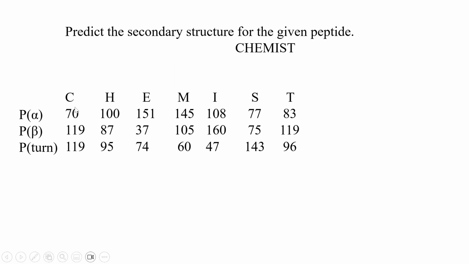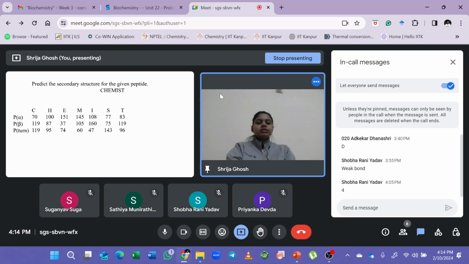If I see the values here for 6 contiguous amino acids, out of those 4 are above 100. If I add all these values together, you will see P alpha is obviously higher than P beta. That means this particular stretch of peptide has more probability of becoming an alpha helix than a beta sheet.